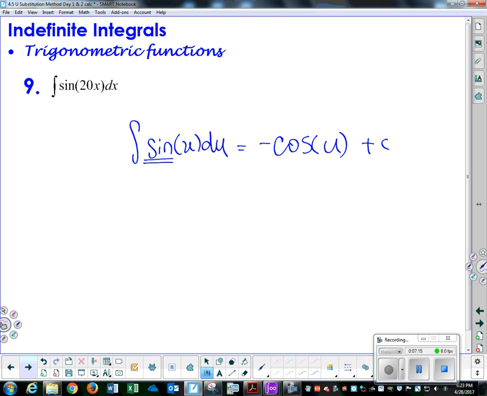But what makes this particular problem a little bit more difficult is the fact that it's not just a nice simple little 1x. Say this had been 1x. That's much easier to deal with than 20x. Although you're going to find working 20x isn't that much more difficult.